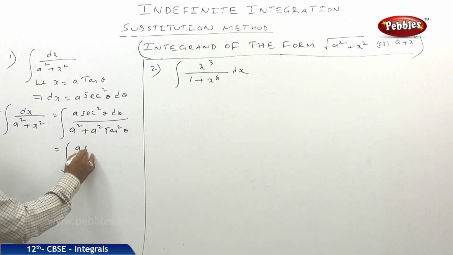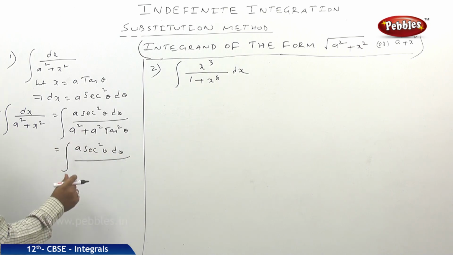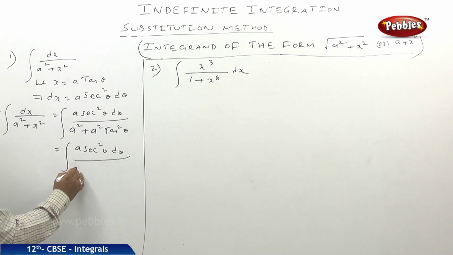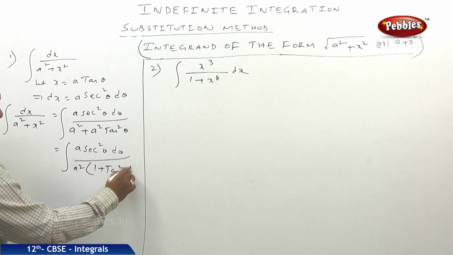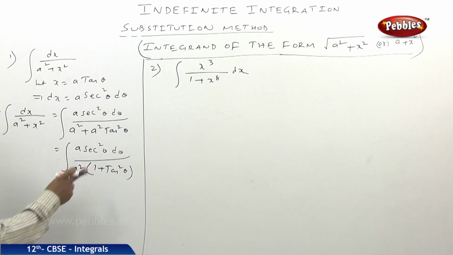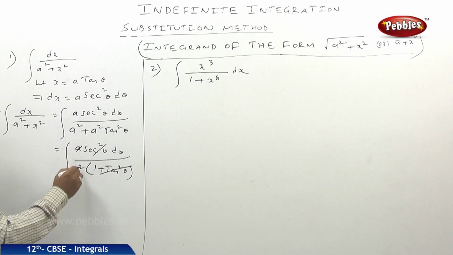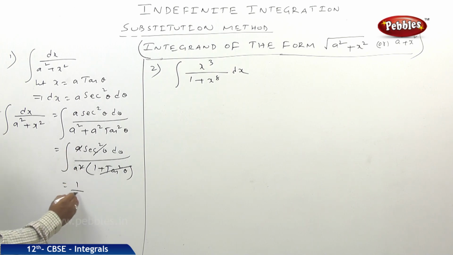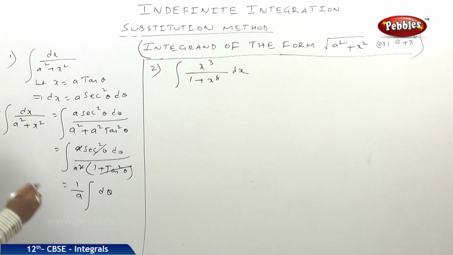So a into secant square theta d theta, and here a square common means there remains 1 plus tan square theta, but we know that secant square theta minus tan square theta is equal to 1. So both will be getting cancelled, and one a will be getting cancelled, and that a will be coming outside. There remains d theta.